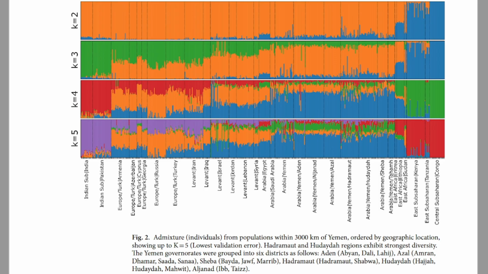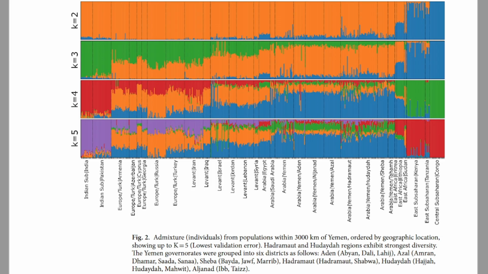K equals 5. The model identifies 5 distinct ancestral populations with the lowest cross-validation error. That's critical. These 5 groups provide the most accurate balance between complexity and explanatory power for the data set.